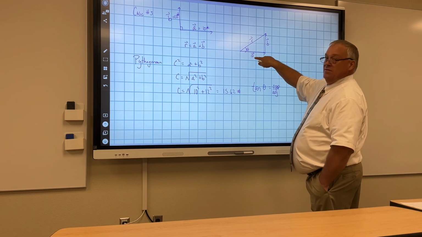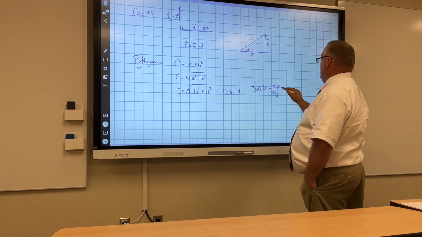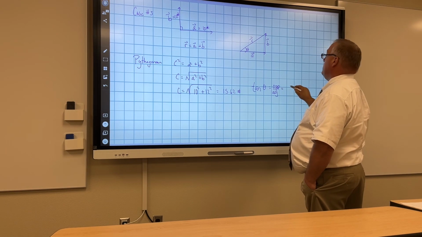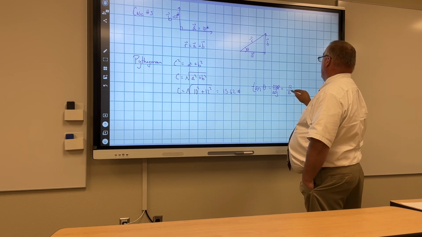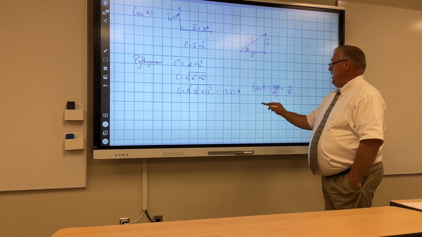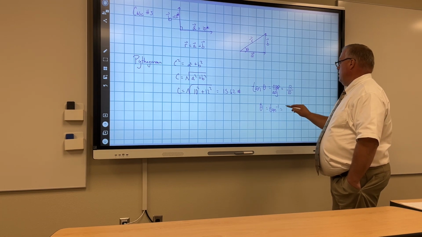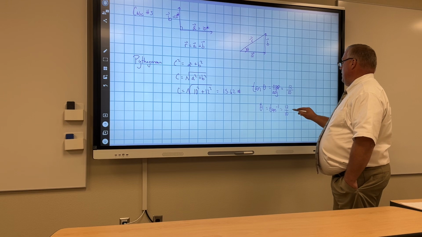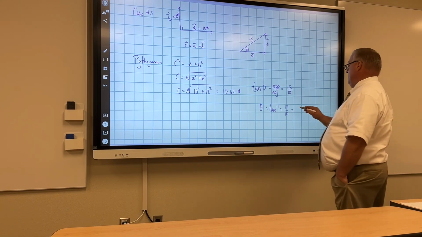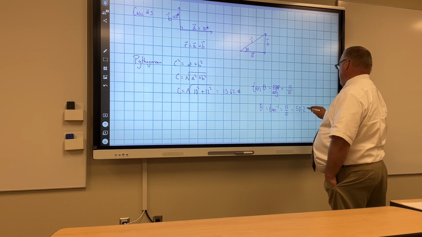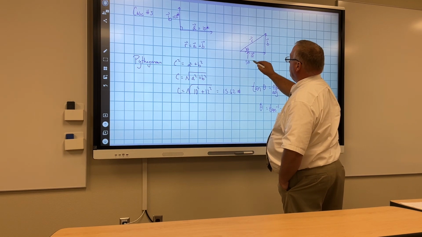We have the opposite and we have the adjacent, so we can plug that in. That's equal to opposite, which was 12, over 10. So theta is equal to the inverse tangent of 12 over 10, which gives us an angle, I did the math on this earlier, of 50.2 degrees. So this angle here is 50.2 degrees.